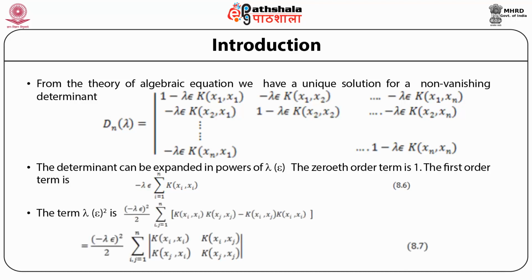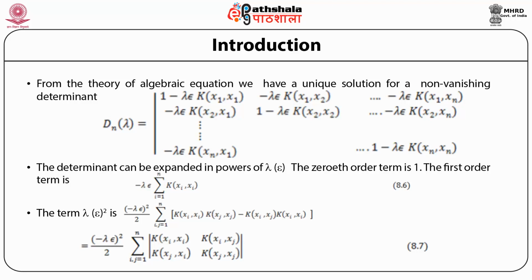The terms of order lambda epsilon whole squared is plus lambda epsilon squared by 2 sum over i and j, where i and j go from 1 to n, of, within brackets, the product of k xi xi multiplied by k xj xj minus the product of k xi xj with k xj xi.